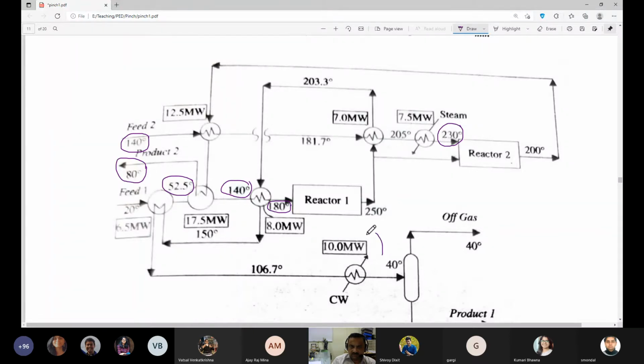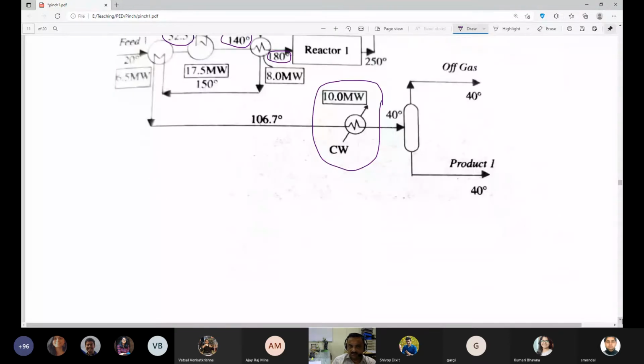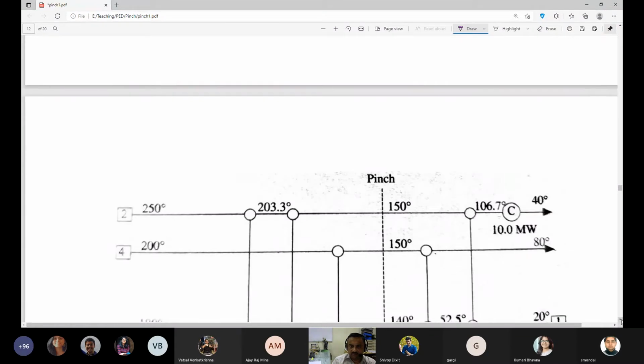So here we use the cooling water and here we use the steam. These are the two places; otherwise you have the exchangers. This is how the schematic drawing will pan out.